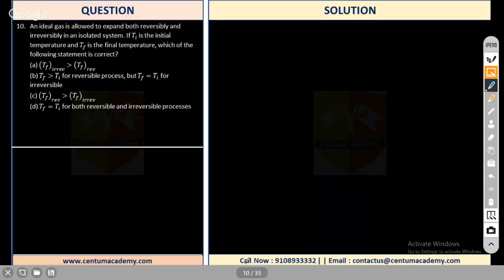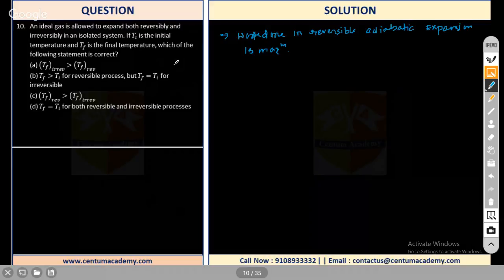Okay, see, we know this fact that work done in reversible adiabatic expansion is maximum.